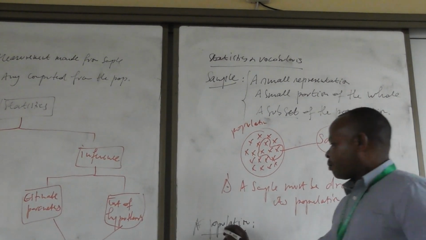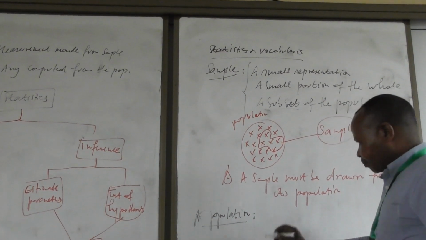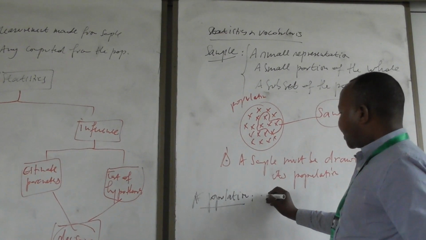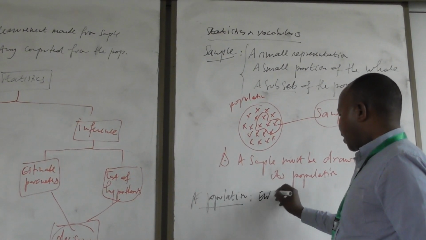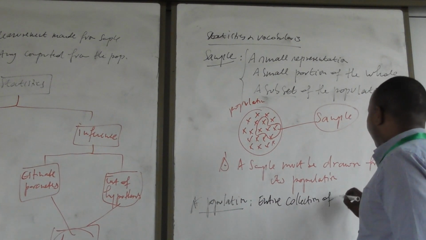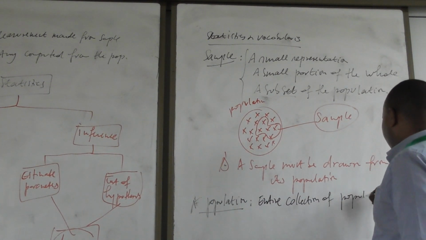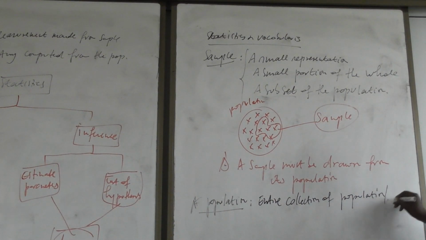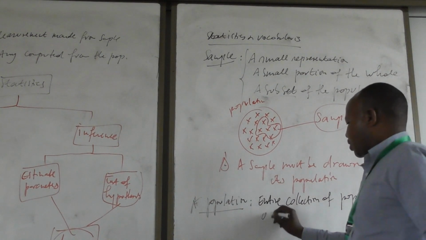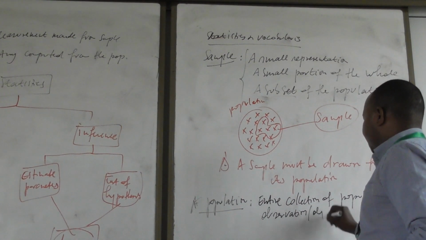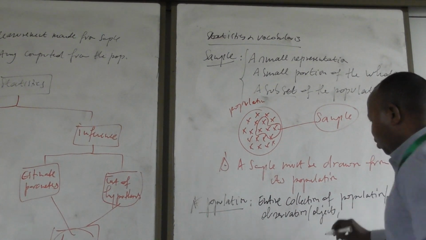In statistics, a population is the entire collection of observations, objects, and so on.